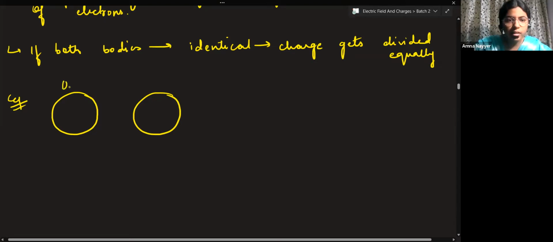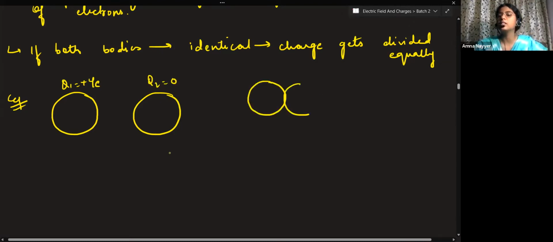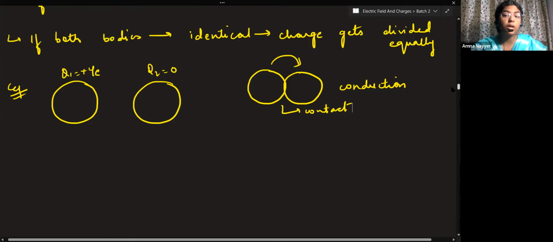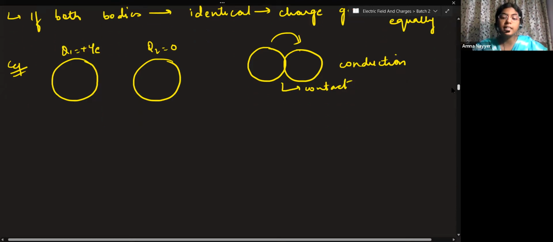And if I tell you that the charge on this first sphere is, let's say, 4e, and here the charge is 0. This is the uncharged conductor and this is the charged body. Now, if I place both these bodies in contact with each other, charge transfer will occur from one body to another. This process is known as conduction, where contact is made between the two bodies. Now see how charge will get transferred, because both bodies are identical.